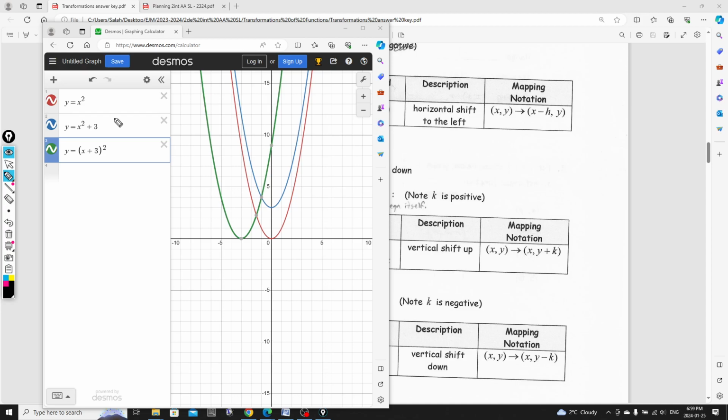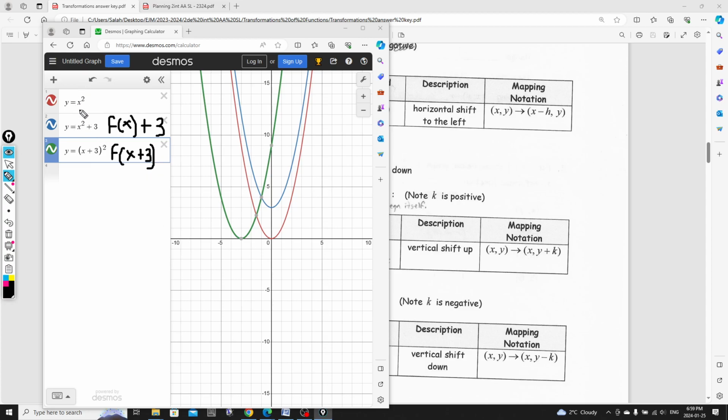This guy right here is f of x, plus 3. And that's not the same thing as this guy right here, which is f of (x plus 3). That's the difference.